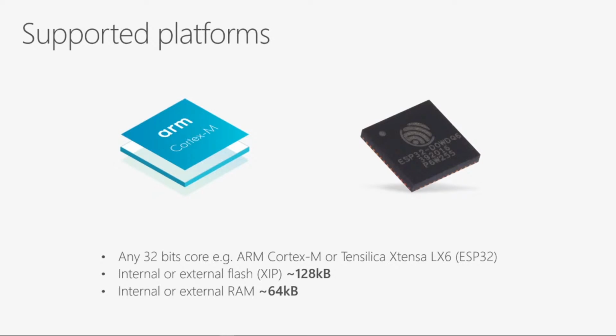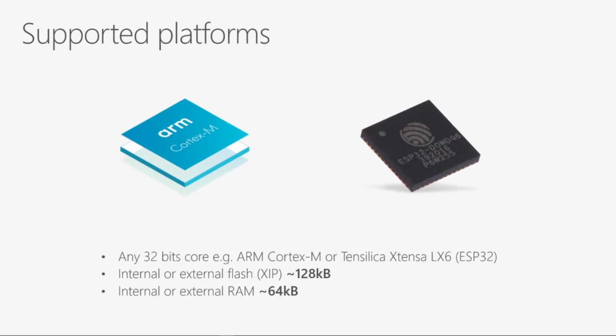And now I'll answer David's question about how much RAM. In order to have a usable device, something around these numbers that are here, 128K of flash and around 64K of RAM, is I would say the recommended amount of flash and RAM that you need. We have this running on devices with less flash and less RAM.